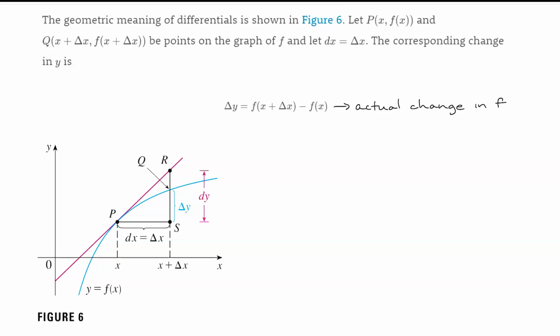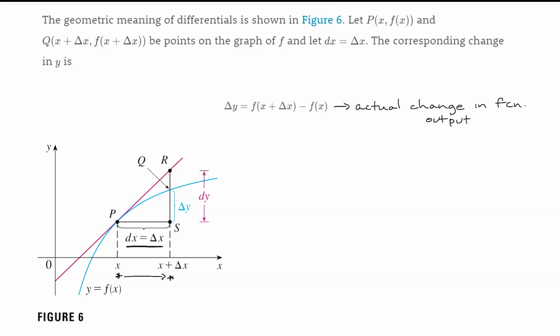This is the actual change in function output. So f of x is changing by some amount delta y. So notice that in this picture, we have an x value here, and then we move a distance to the right, a distance of delta x, and we're at the point x plus delta x.